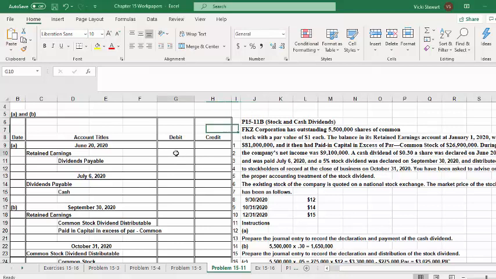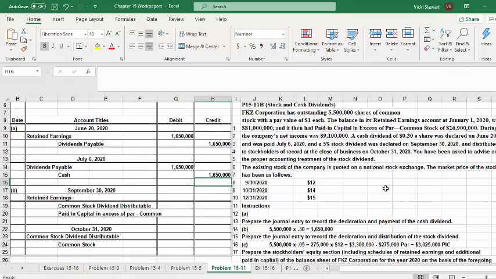So on June 20th, 2020, when the cash dividend was declared, we would have debited retained earnings for $1,650,000, and we would credit dividends payable for the same amount. Then on July 6th, 2020, we would actually pay the dividend to our shareholders by debiting dividends payable for $1,650,000 and crediting cash for the same amount.